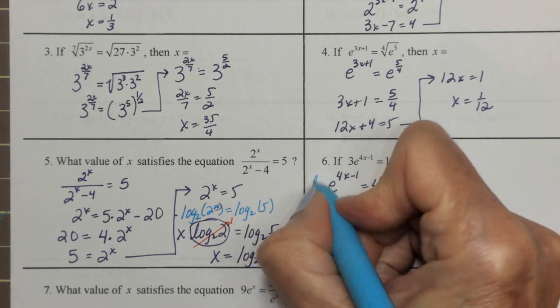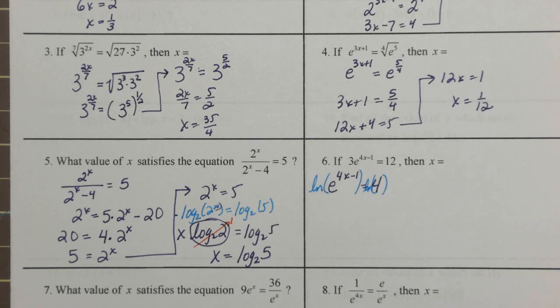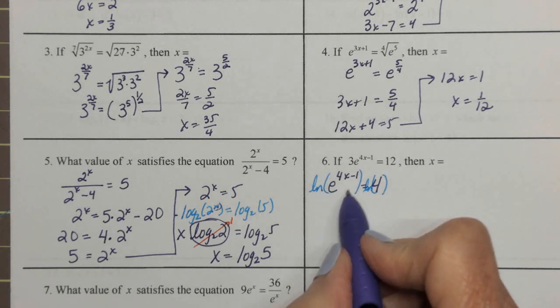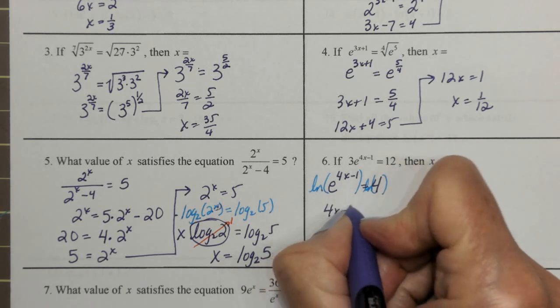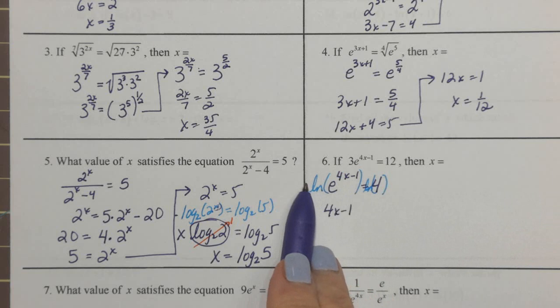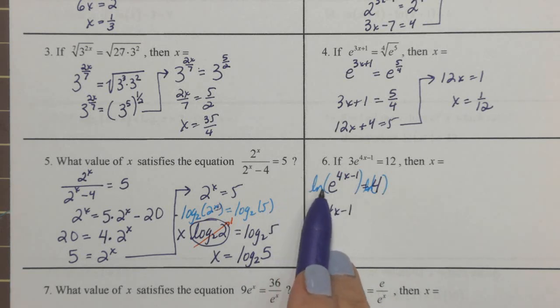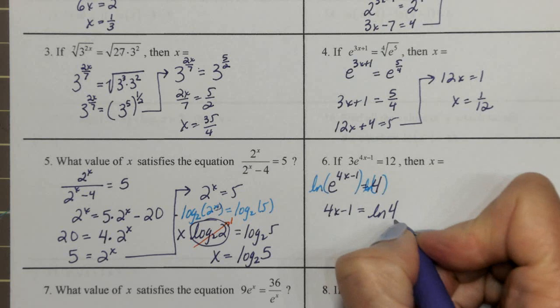I'm taking the natural log of both sides. Here I'm left with just the exponent, because in my mind I'm pulling this to the front where it's the coefficient, and then I'm left with that coefficient times ln of e, and ln of e is 1. And this is equal to ln of 4.